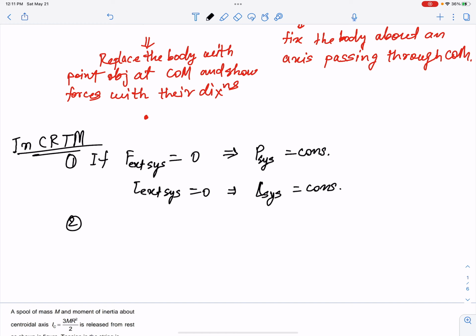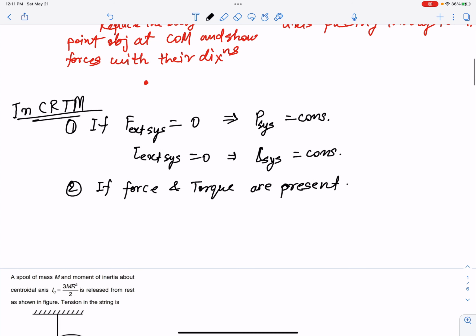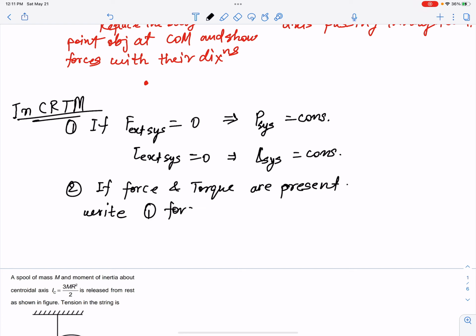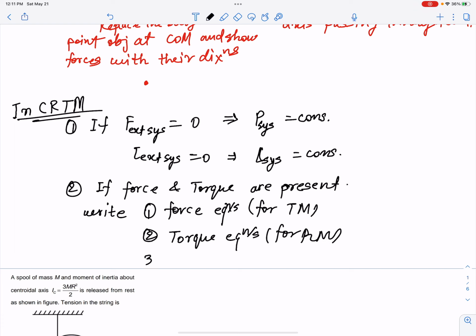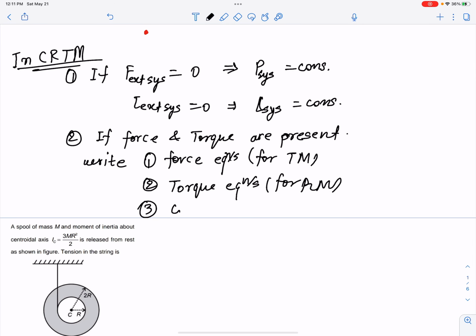Second, if force and torque are both present, you have to write the force equation or equations for translational motion, the torque equation or equations for rotational motion, and third, the constraint relation or relations between them, right?